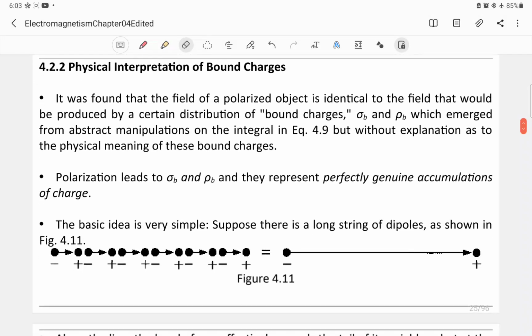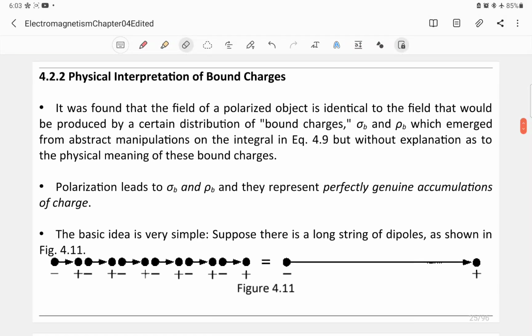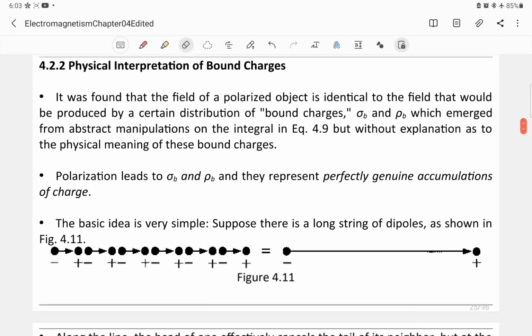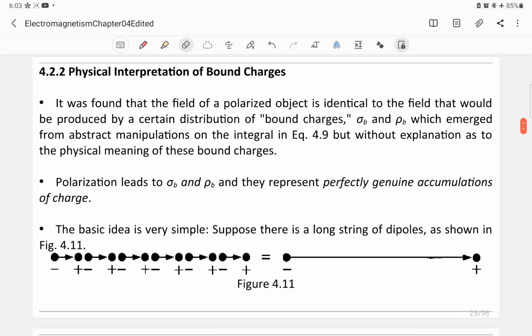What really are bound charges? This concept is limited to dielectrics or insulators. They are limited to the boundary of the dielectric. So say for example you have an arrangement of atoms in a straight line here.